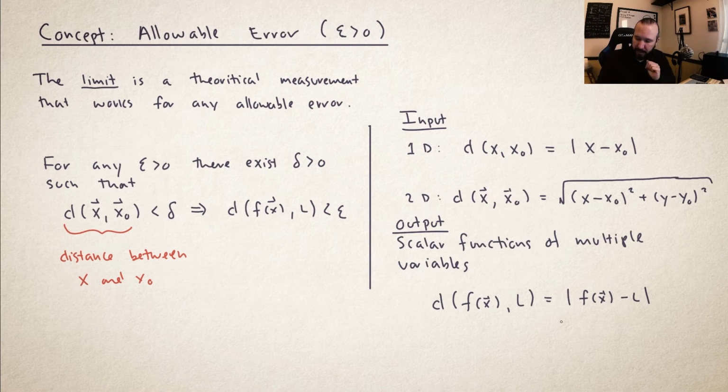So in this case the output is just a single scalar. It's a number. So the distance between the function and the limit is just the one-dimensional distance, the absolute value of the difference. I can actually make this even more compact. I'm going to show you the fancy math notation for how you can write this in our little math secret code language.